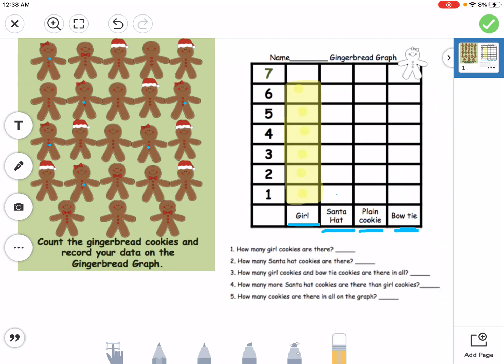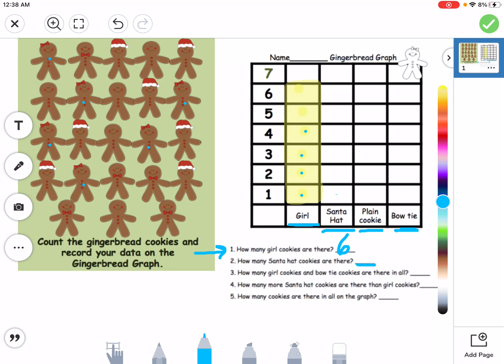Okay, then you might need some help with this from an adult. You're going to read the questions. How many girl cookies are there? Well, we know that there were 1, 2, 3, 4, 5, 6. So you know that this one's going to be 6. Okay? How many Santa hat cookies are there? And then you're going to write that number there.